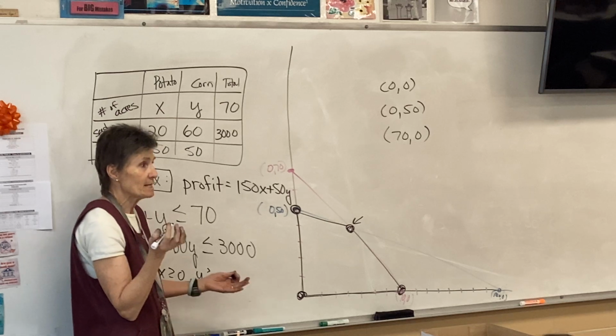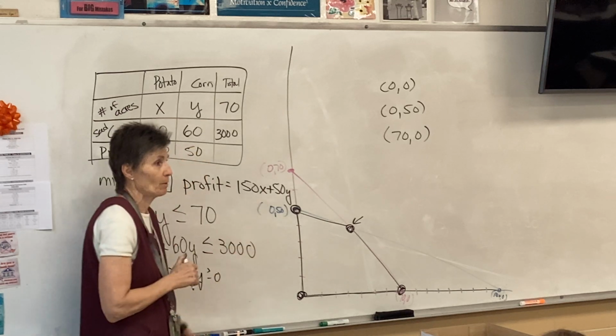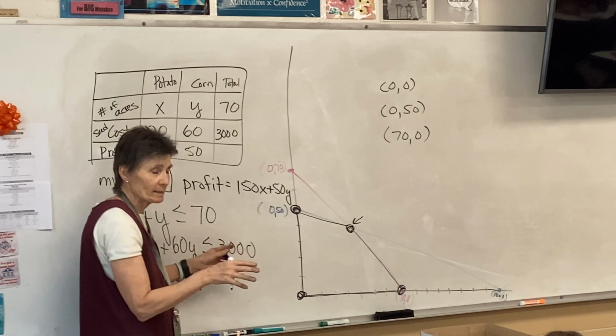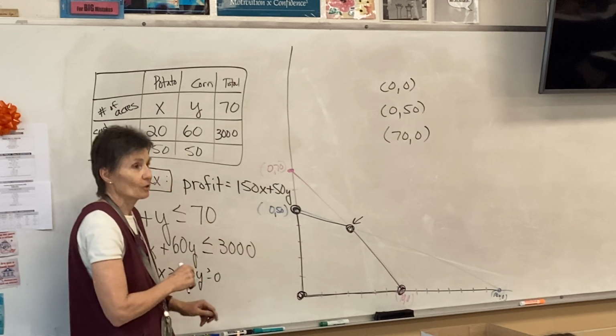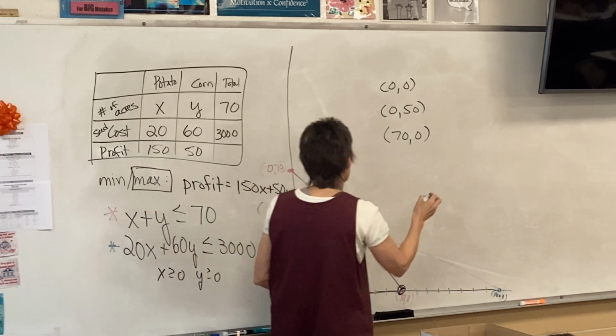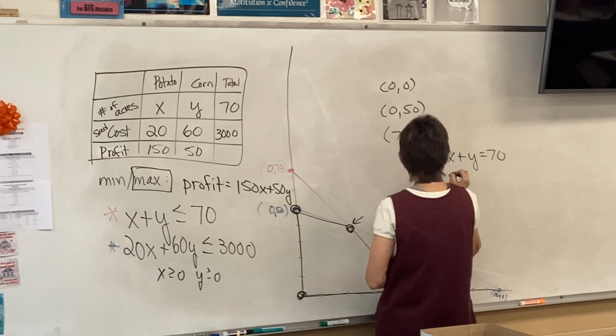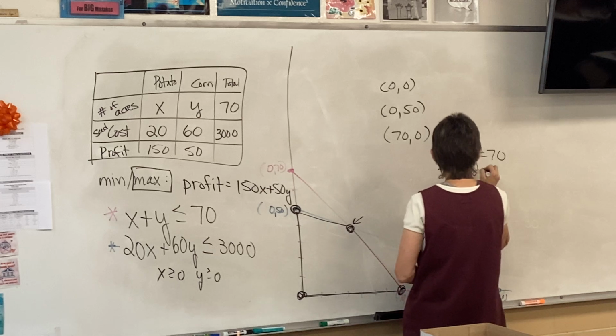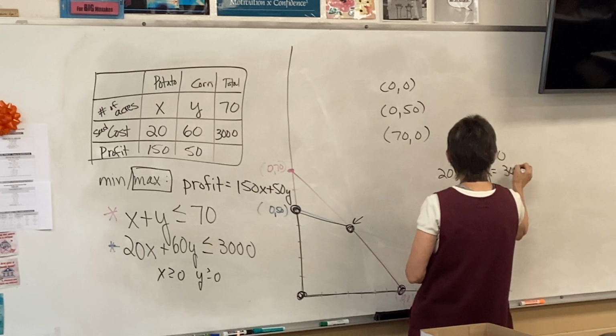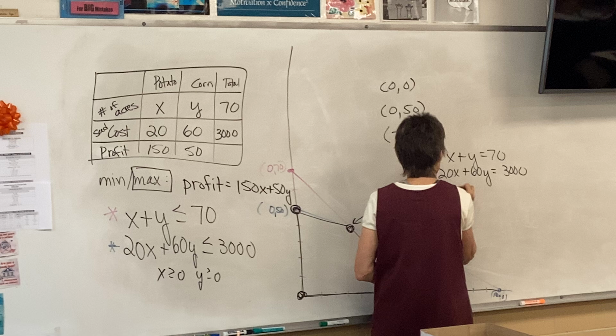And if you're me, standing up here with no graph paper and not straight lines, just solve the system of equations. So x plus y is 70, 20x plus 60y is 3,000.